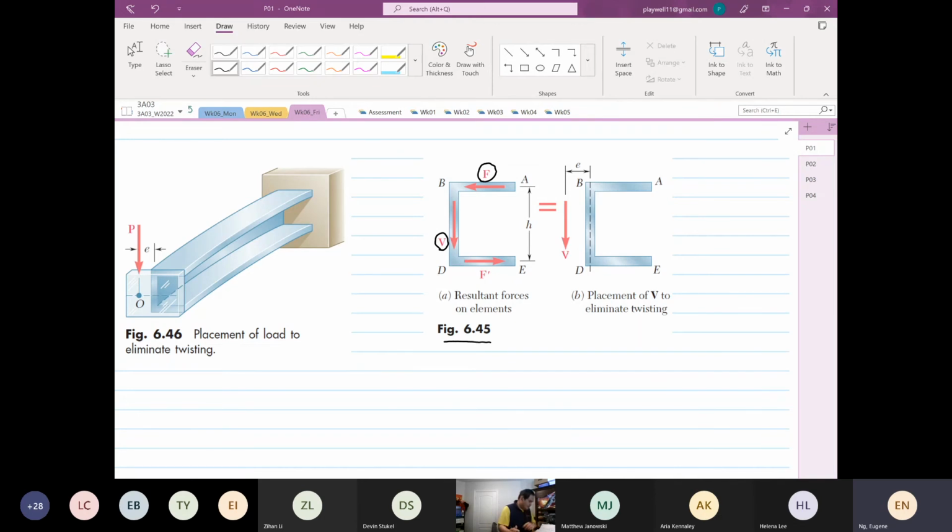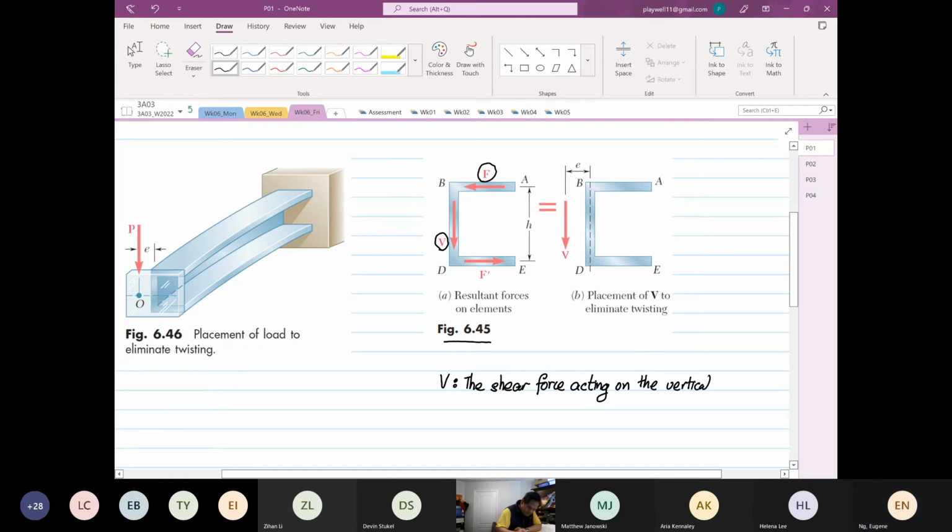This is just V. So F or V denotes the shear flow or the shear force acting on the vertical member through the centroid.